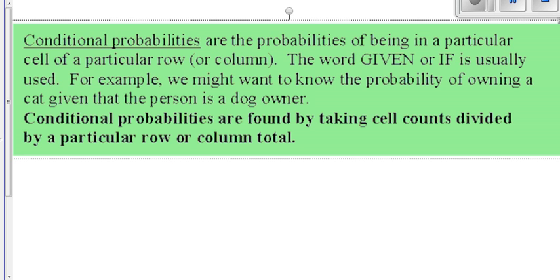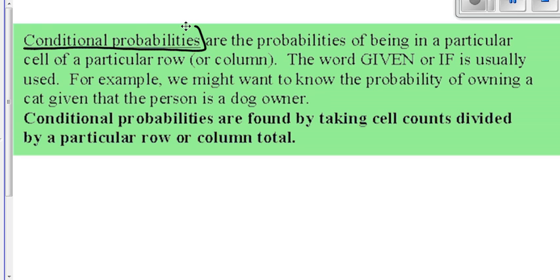The second kind of probability is called a conditional probability. And the word condition, you might remember from when we were doing our probability unit, is like the word if or given. So I might say to one of my children, you can go out on Friday if you clean the garage first. So cleaning the garage first would be the condition under which going out on Friday could happen.